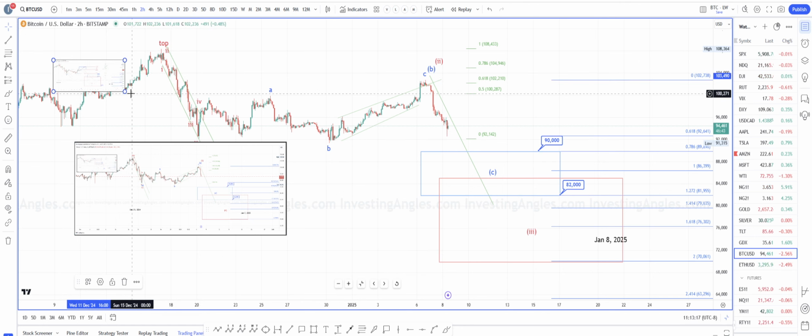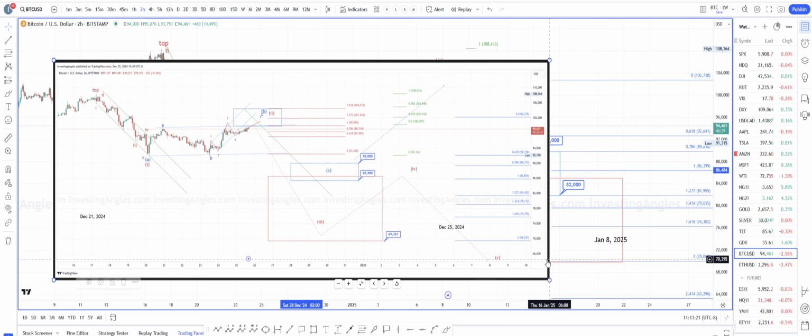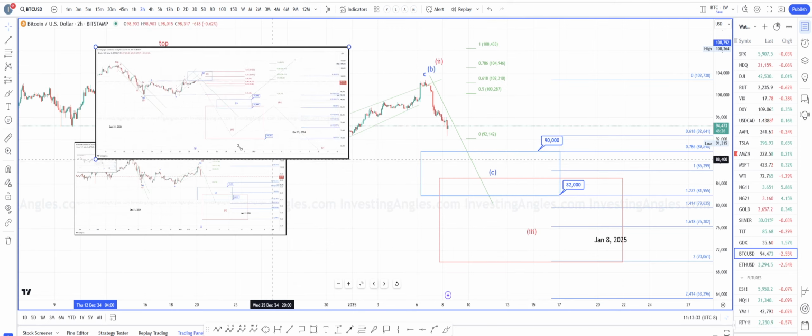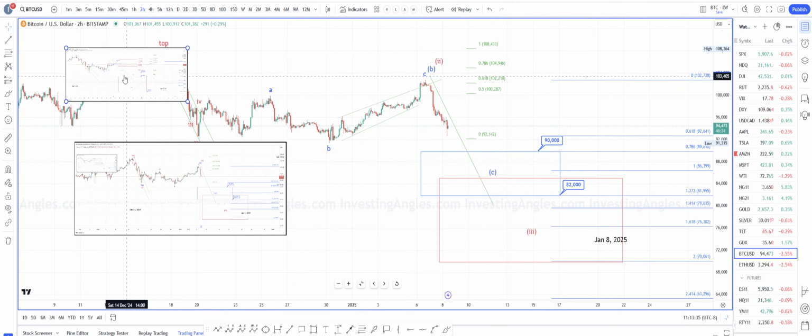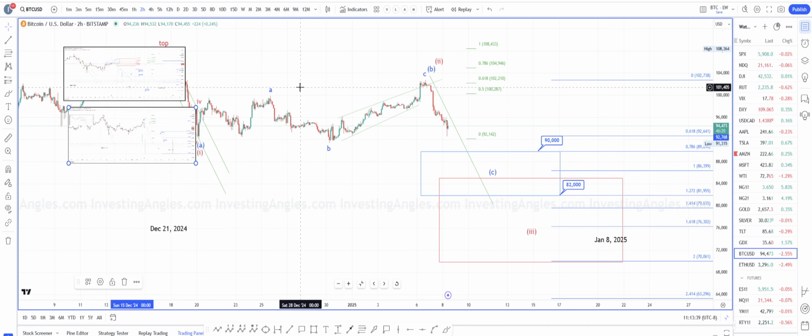But we were discussing this way back in December, saying that Bitcoin formed a very impulsive wave down, and after a significant correction, it should resume its way down and make lower lows. So whoever listened to our videos and updates, they should feel fairly comfortable.